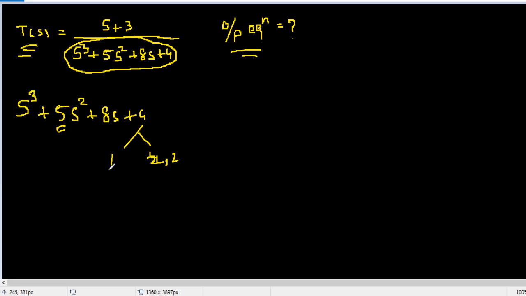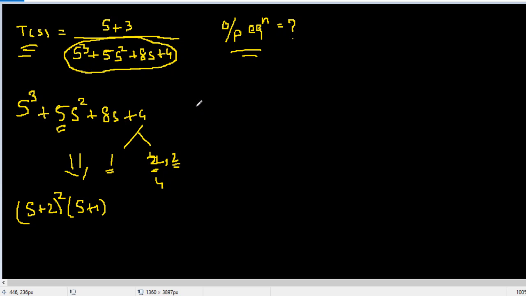Now what we have is this equation and this equation, so all of them make this equation 5. So let us solve this question. This polynomial breaks into s plus 2 whole squared times s plus 1.